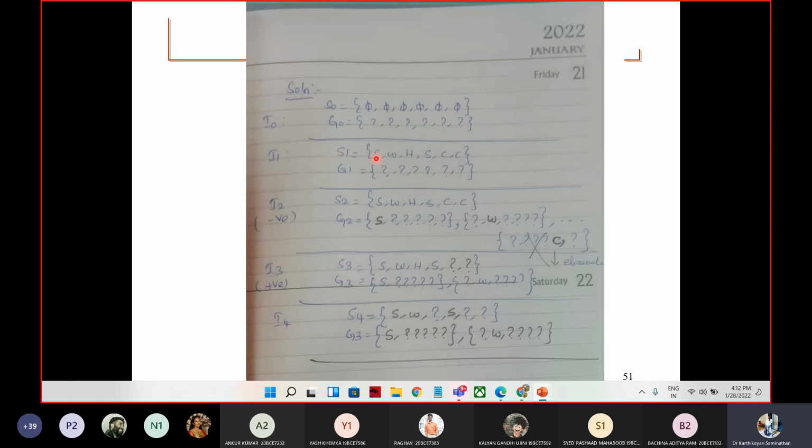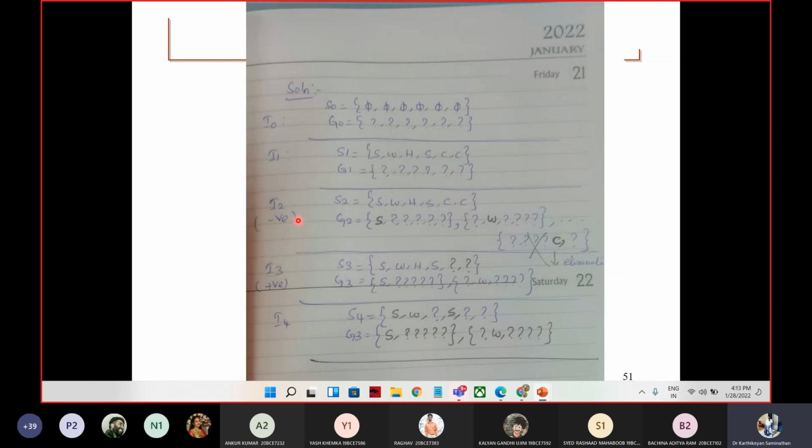Initially I don't have anything to compare, so I will take my first instance as my hypothesis. Since it is a positive example, I am considering only the specific. As per step one, I need to change only the specific hypothesis. So S1 is nothing but my instance 1: sunny, warm, high, strong, cool, and change. Since it is a positive example, you need not do anything with the general hypothesis, so you can leave it as such.